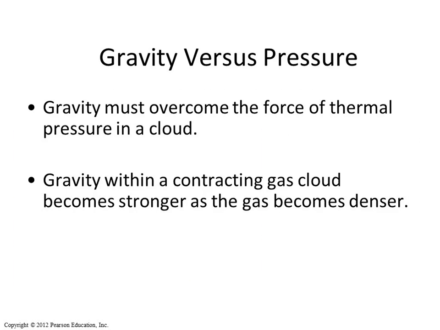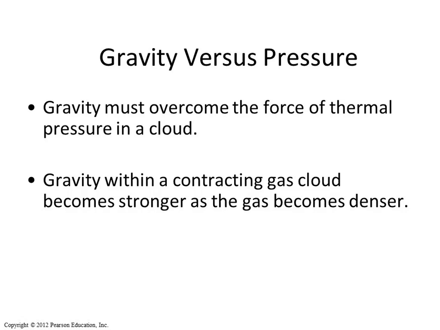When we talked about our sun turning on, we said the core, the center of the solar nebula that was going to become our sun, needed to get hot enough and dense enough to begin nuclear fusion. It's the same deal with these stars.